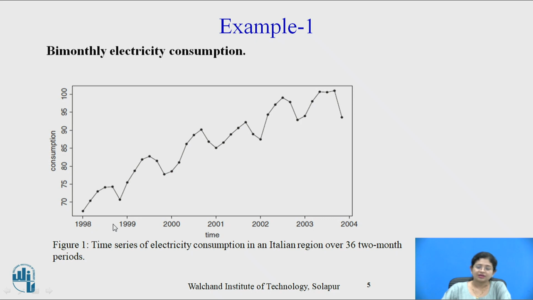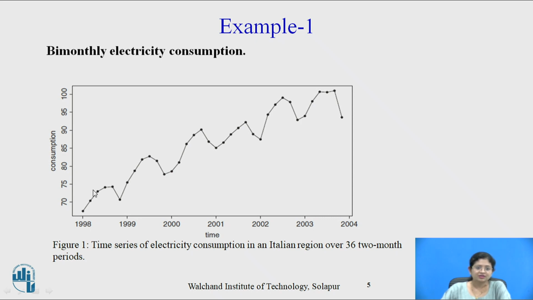In a year it records the electricity consumption 6 times, that is, after every 2 months. So there are a total of 36 two-month periods. This graph shows the time series of electricity consumption in an Italian region over the 36 two-month periods. And from this graph we can identify one pattern.